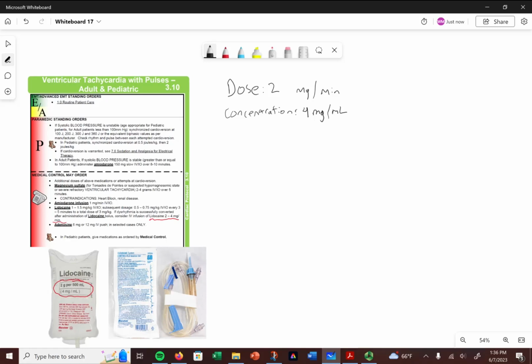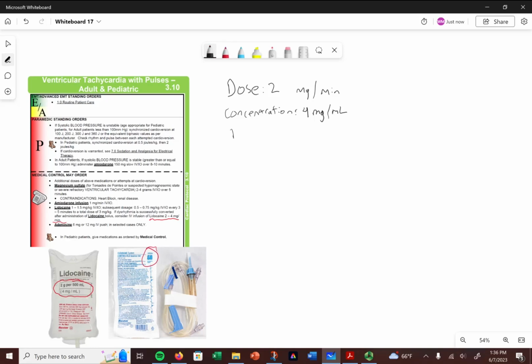Now I have one more thing that I need to figure out before I can actually do my med math for the equation. I need to know what my drip set is going to be. Because I'm using a rate-based dose here of 2 to 4 milligrams per minute, I am going to use a medication administration set, which is 60 GTTS per mL.